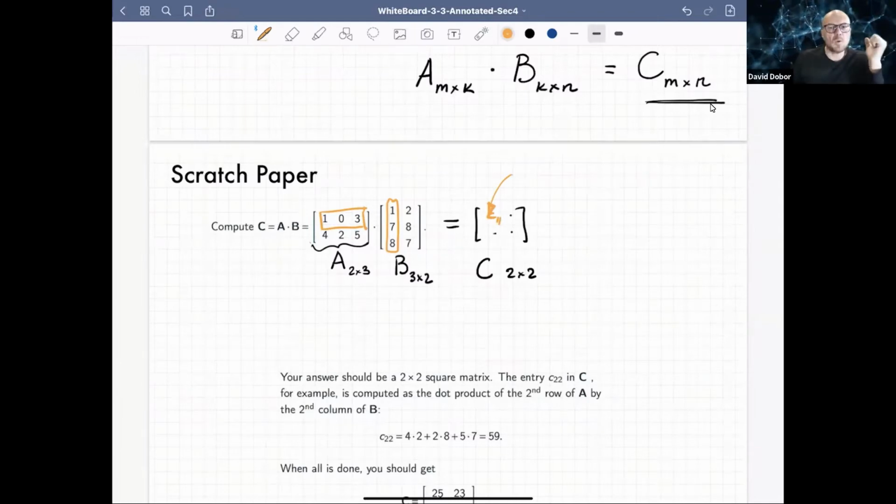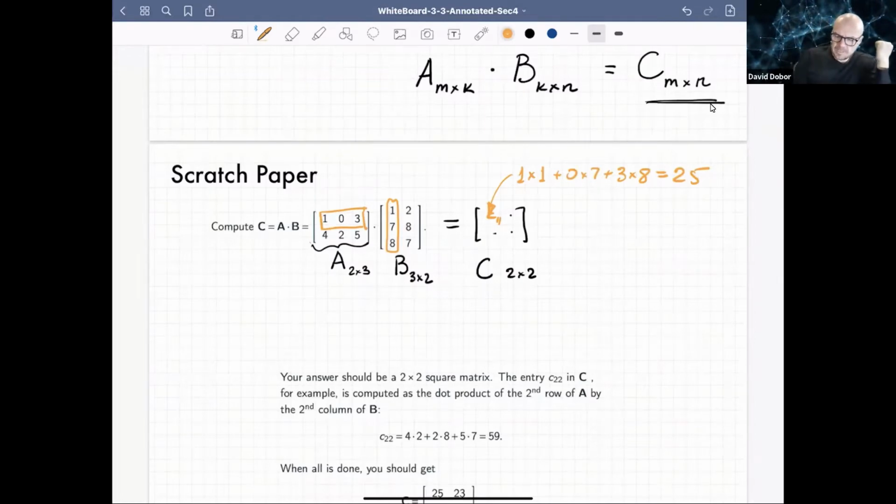So C11 is the entry in the matrix C that is placed in the first row, first column, and that is computed as the product of the first row of A times the first column of B. So that's 1 times 1 plus 0 times 7 plus 3 times 8, and that works out, I think, to 25. So that's the C11 entry of matrix C, and each entry is computed that way.